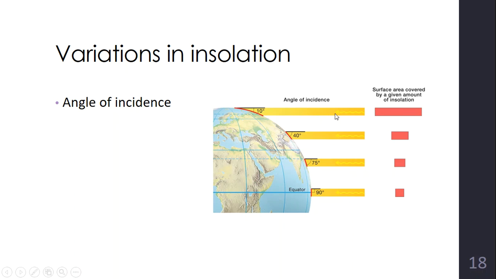So the amount of insolation that's coming in is being dispersed along a broader area. We also vary this because of atmospheric obstructions. So if it's a very cloudy day, we're obviously not getting as much solar radiation as if there were clear skies. And also day length. On shorter days in the winter, we are receiving less solar radiation than we are on long summer days.